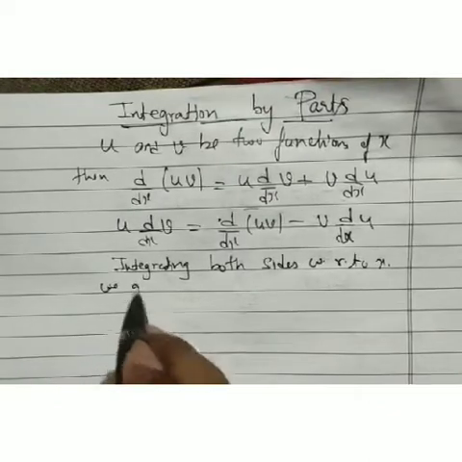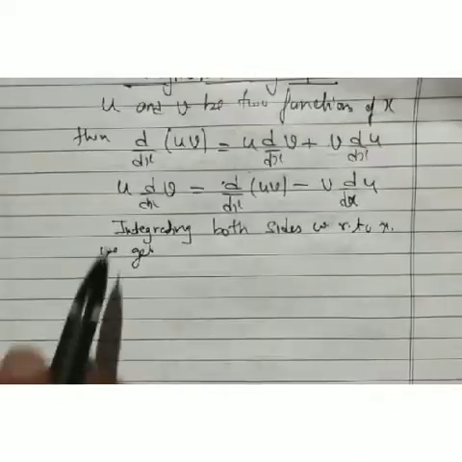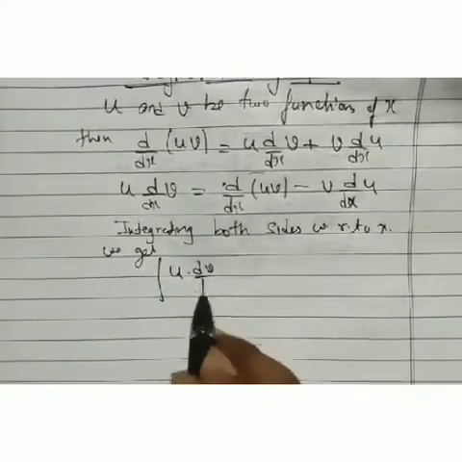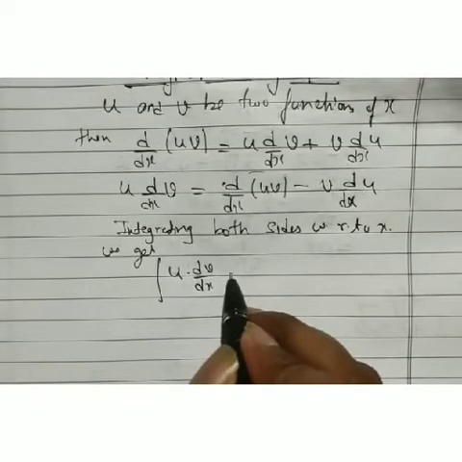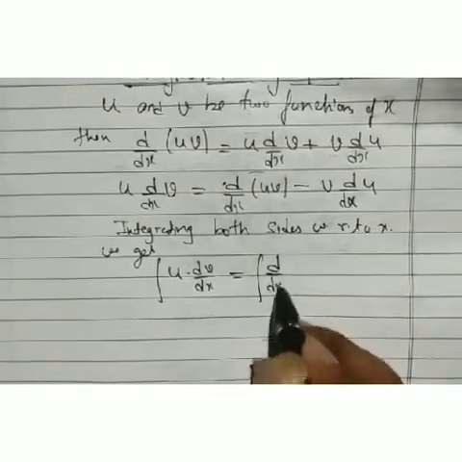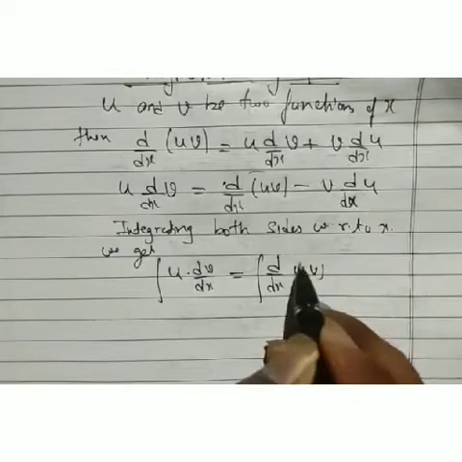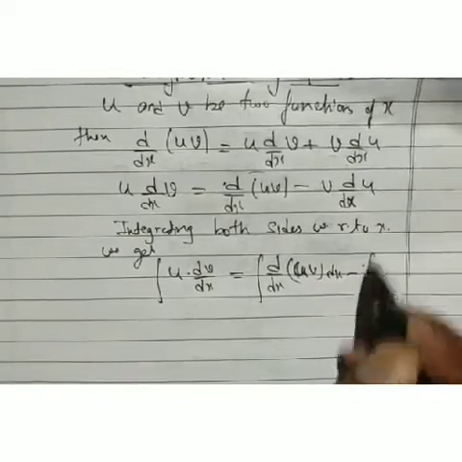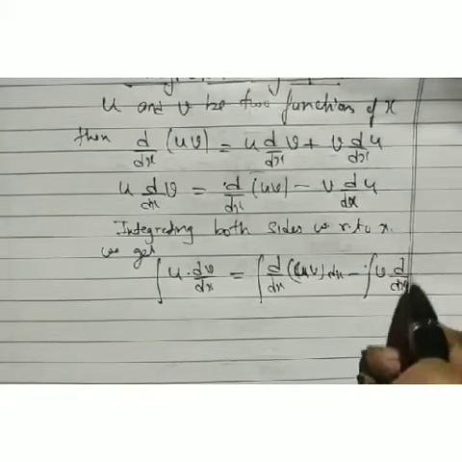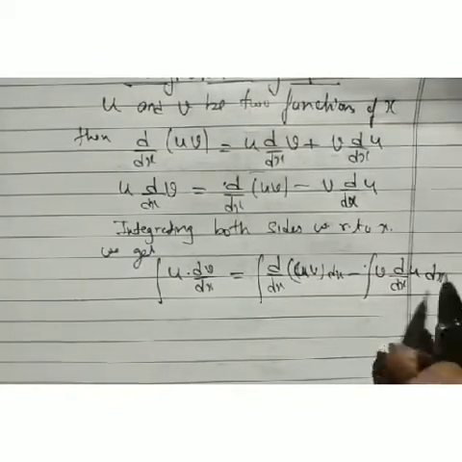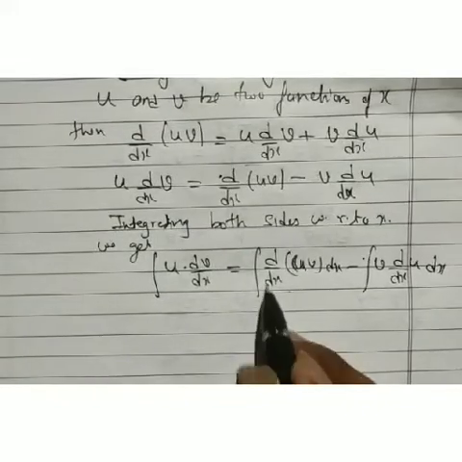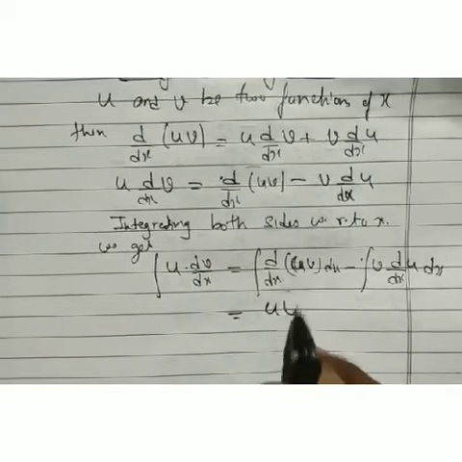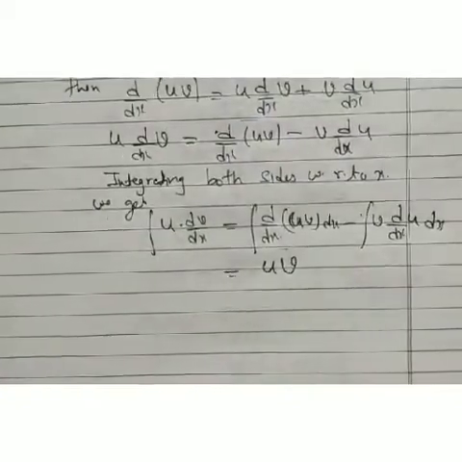Then we get the integration of u into dv/dx equal to the integration of d/dx of uv dx minus the integration of v d/dx of u dx. Here the integration and the derivative are inverse to each other, so we have only uv. Now we get our uv.